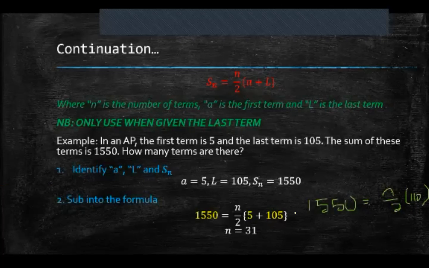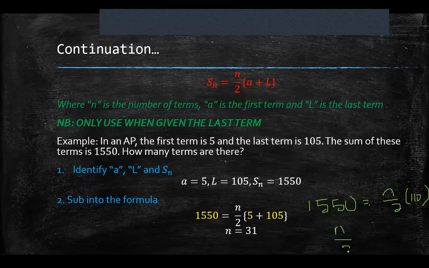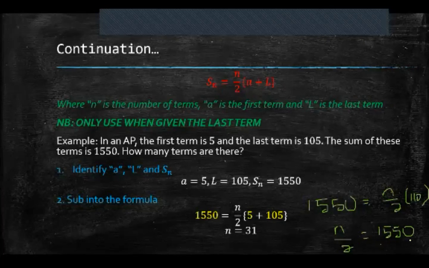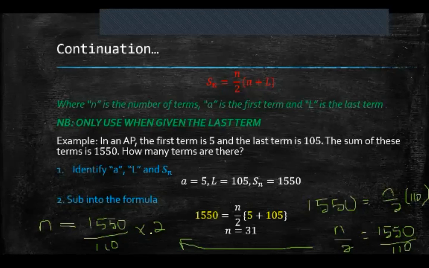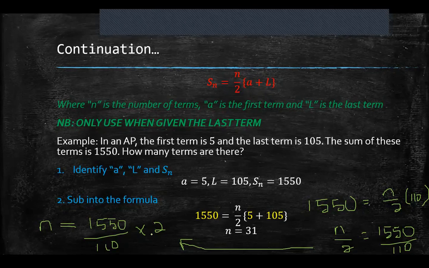So n on 2 would be 1,550 divided by 110. But I don't want n on 2, I want n by itself. So I'll have to multiply by 2. So that's 1,550 on 110 by 2.